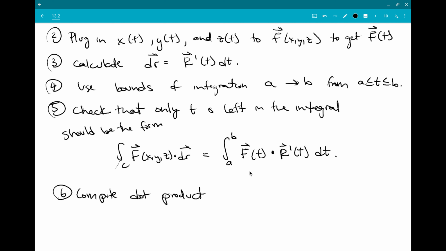And then from there, you just have to compute this dot product and evaluate the integral, which again will just be a simple calculus problem, because the dot product turns this into a scalar function of only t, and you have an integral with respect to t that's bounded.